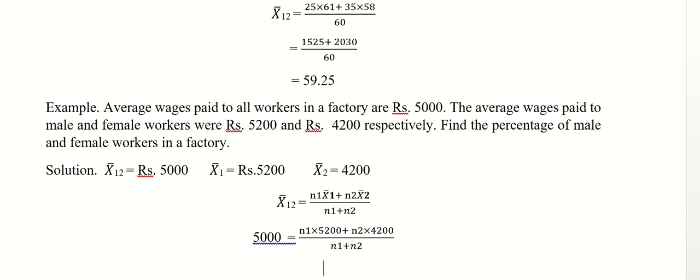So now further we will cross multiply it. When we cross multiply this 5000 with n1 plus n2, it becomes 5000 n1 plus 5000 n2, right, equals 5200 n1 plus 4200 n2.